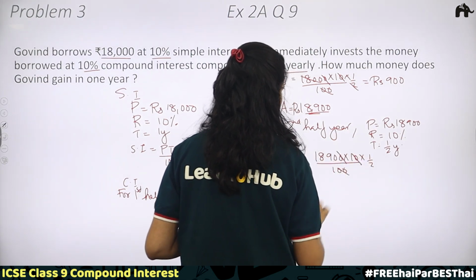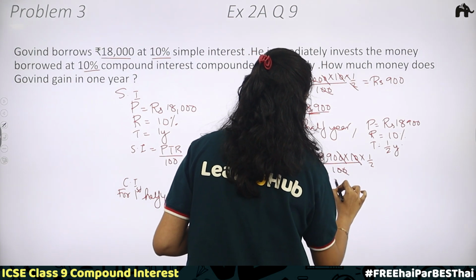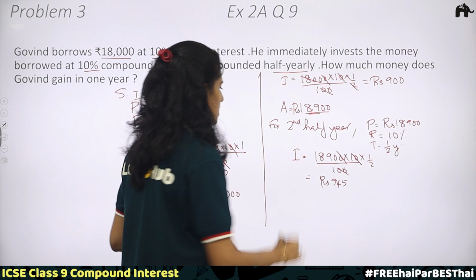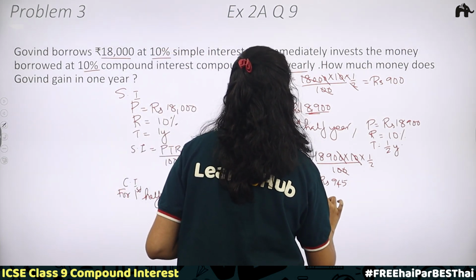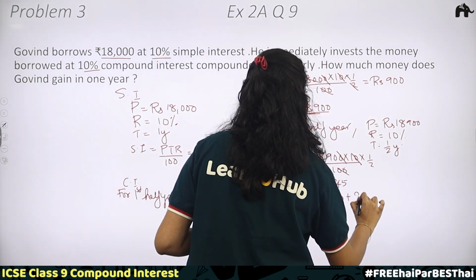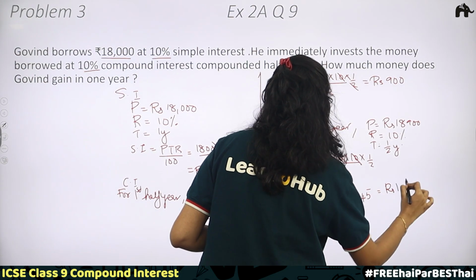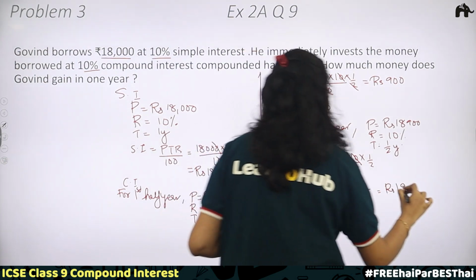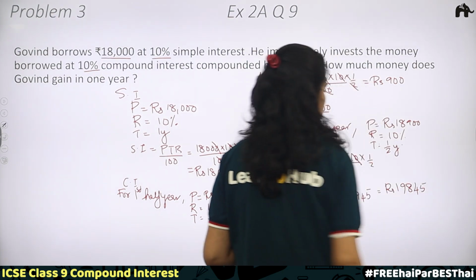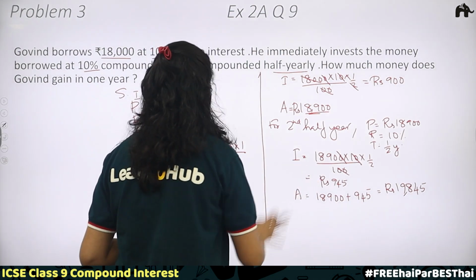Cancelling zeros, you will be getting rupees 945. Rupees 945 is the interest. Then what is the amount? Principal is equal to 18,900 plus 945 is the interest. On adding, you will be getting rupees 19,845. Okay, rupees 19,845 is the final amount. So, we got the final amount.